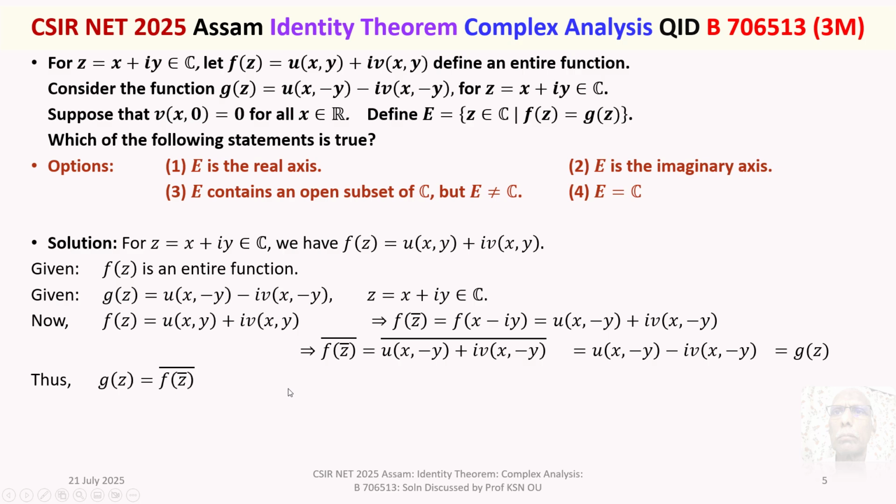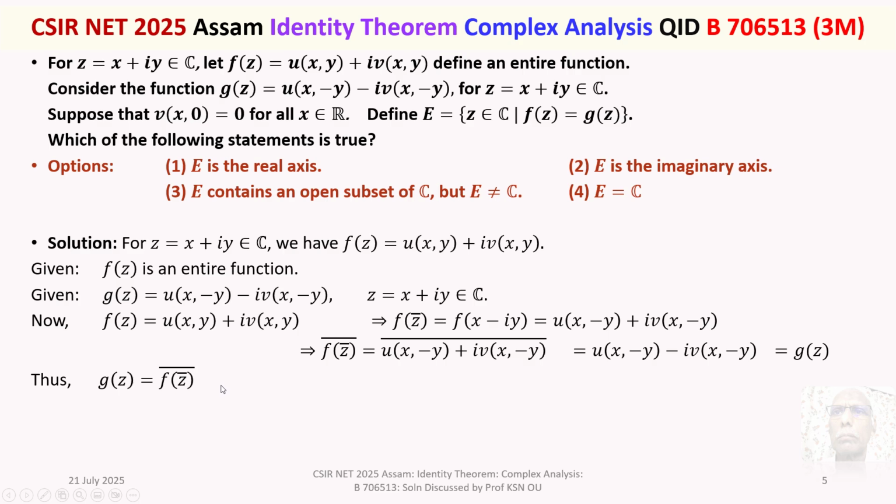Now recall, whenever f(z) is an entire function, then the conjugate of f(z bar) is also an entire function. First of all, this result is not only for entire functions.